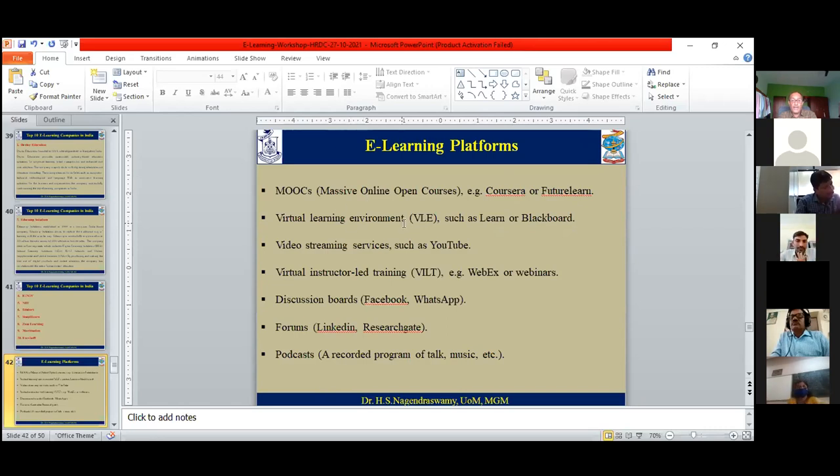also virtual learning environments. Another one is video streaming services such as YouTube. You're all familiar, right? And recently, whenever a new education policy was adopted or introduced in Karnataka, many faculties searched and many videos were streamed on YouTube, and all of us have watched those YouTube videos.